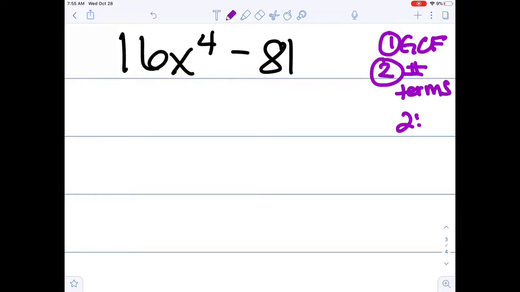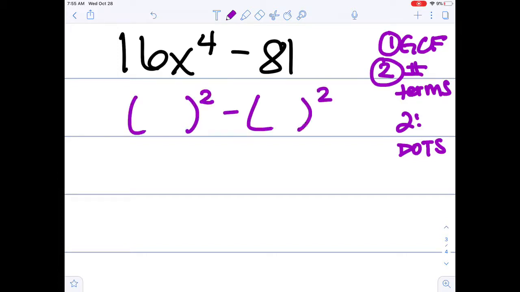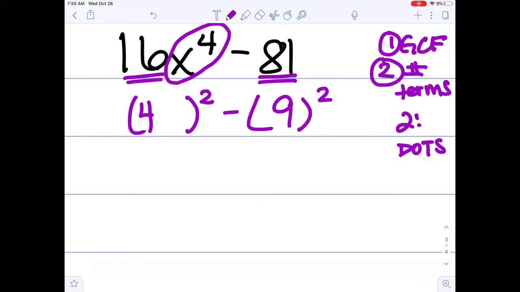Now, this is definitely not a cube, but could it be a difference of squares? If I can put this in the form of something squared minus something squared, I definitely know 81 is 9 squared. Well, 16 could be 4 squared, and x to the 4, couldn't that be x squared? So actually this is a difference of 2 squares.